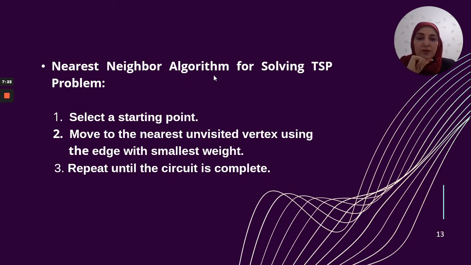Nearest neighbor algorithm for solving the traveling salesperson problem. First, select a starting point. Second, move to the nearest unvisited vertex using the edge with the smallest weight. Third, repeat until the circuit is completed.